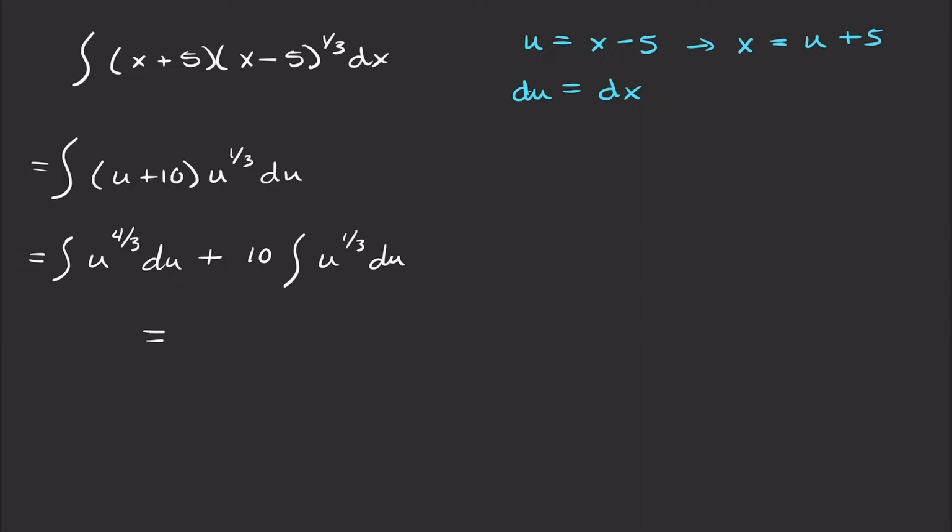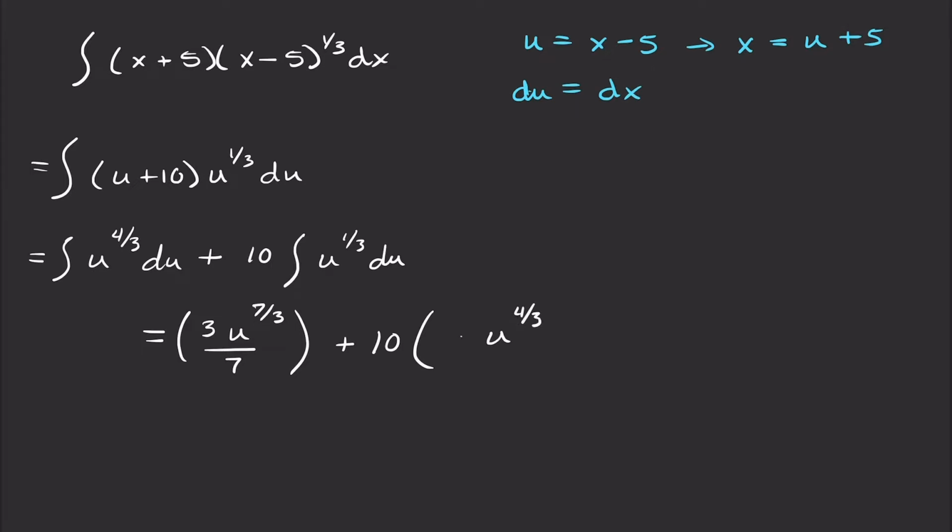So now if we use our rules, we need to increase this exponent by 1. So 1 will be 3 over 3, so this goes to 7 over 3. And then if we divide by 7 over 3, that's the same as multiplying by 3 over 7. So we get that plus 10, and u to the 1/3 will go to u to the 4/3.